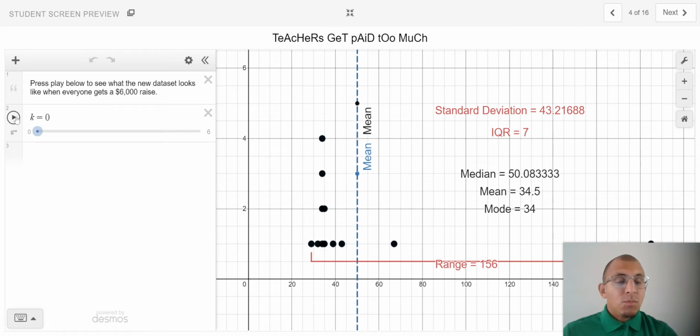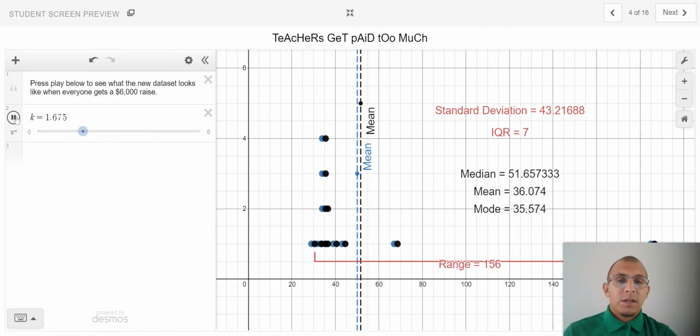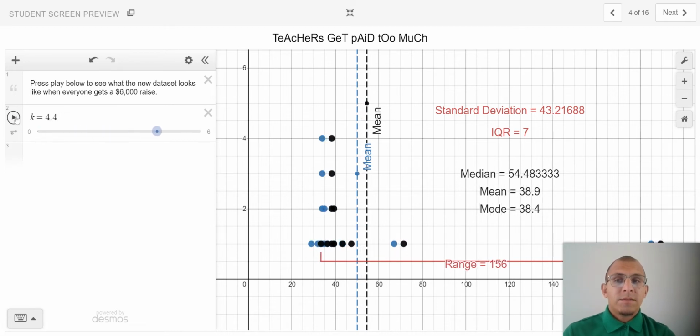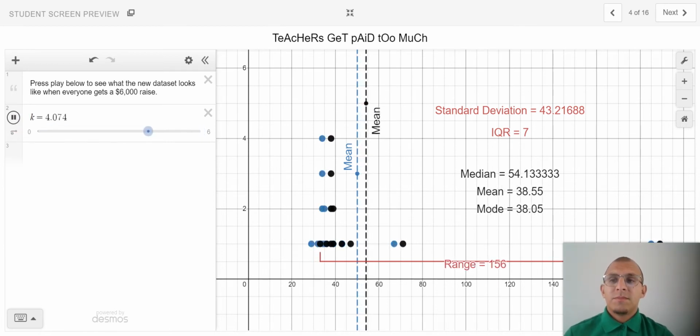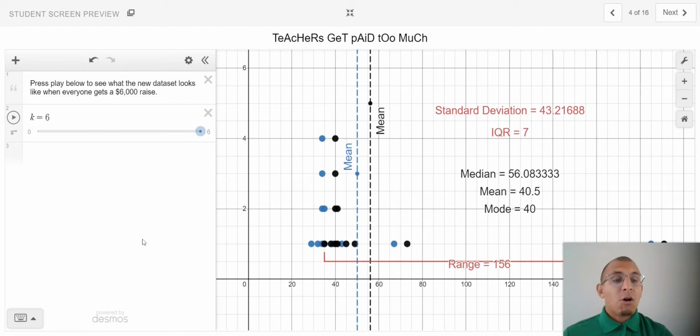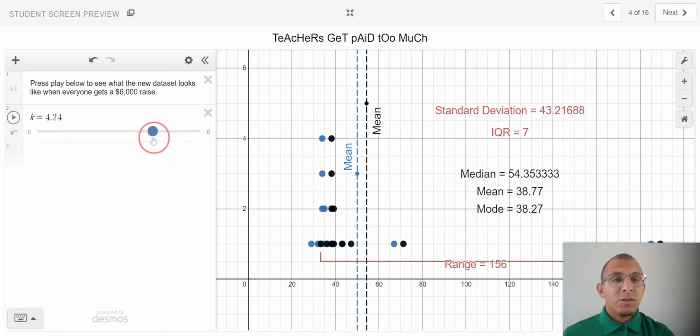By pressing play, we are going to alter, and it'll happen in black, the value of the teacher salary. So when we get to 6, we have hit our $6,000 raise. So you should have noticed that some values were changing while some values were not changing.